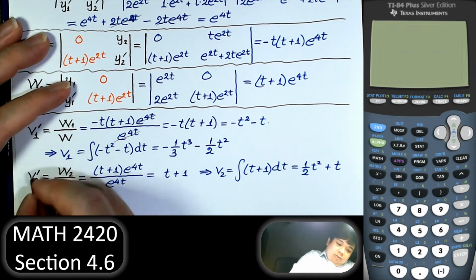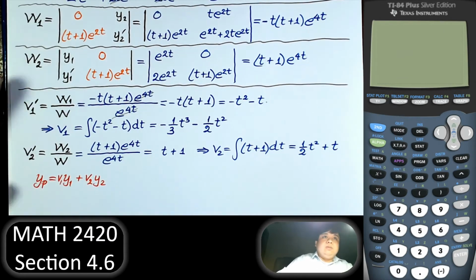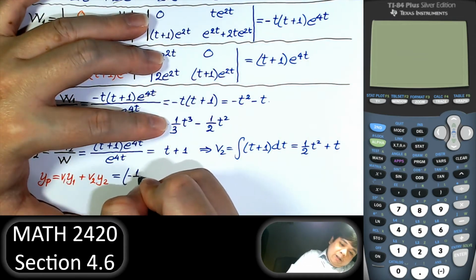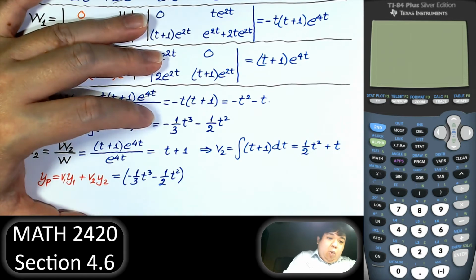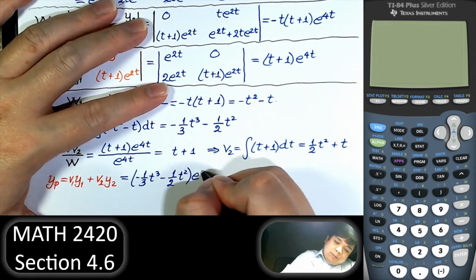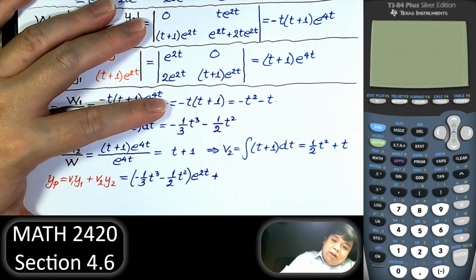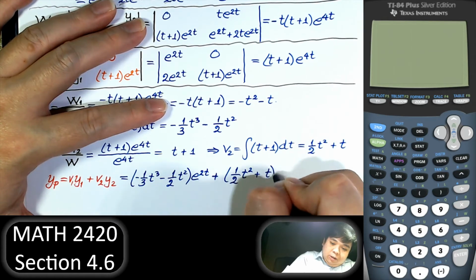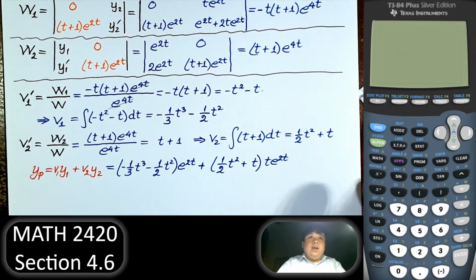Now put back into the particular solution, v1 y1 plus v2 y2. v1 times y1, e to the 2t, plus v2 times y2.